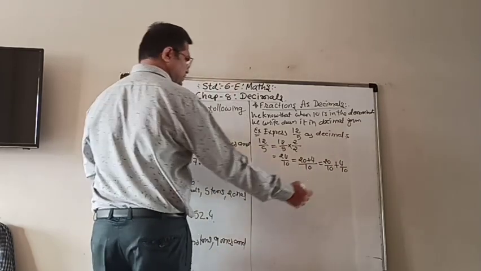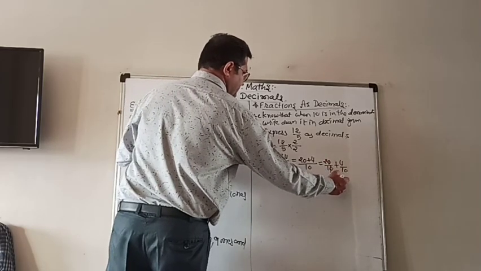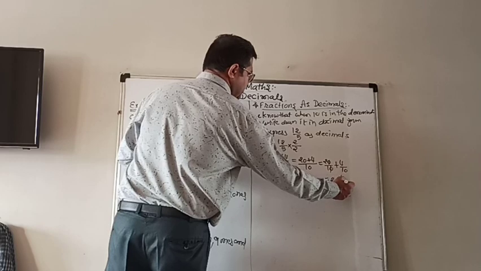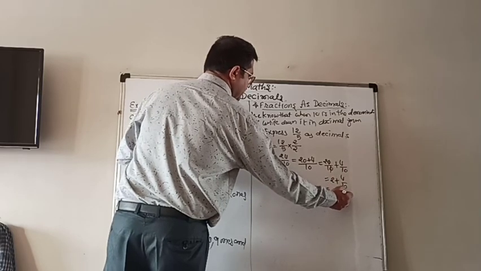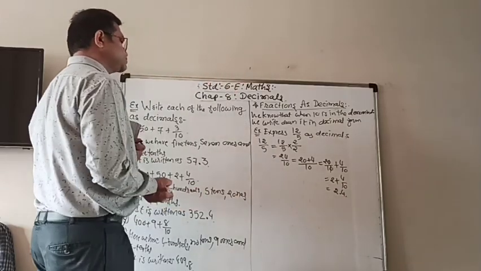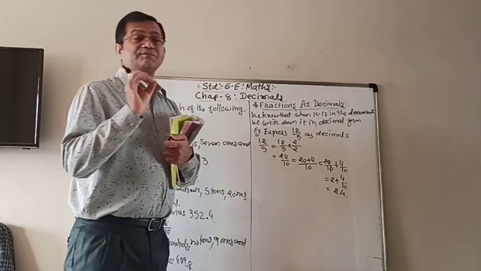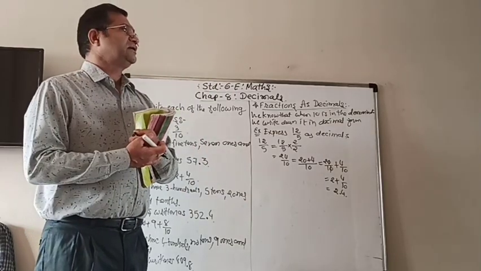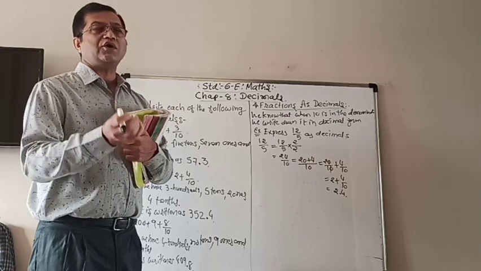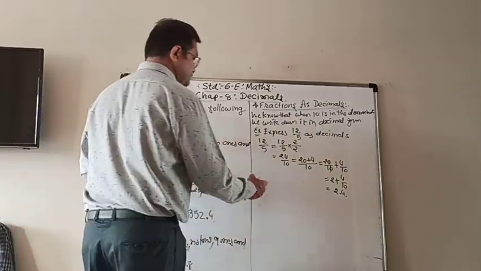Now 20 upon 10 is 2 and plus 4 upon 10, and that is written as 2.4. But not all the numbers will be like that. Only certain ones, like when 5 and 2 are in the denominator, you will be able.